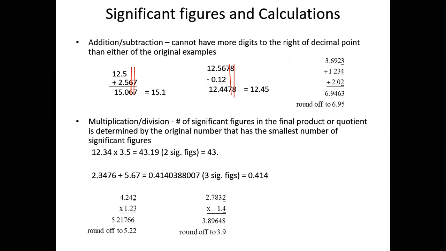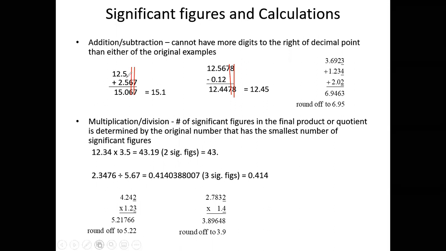And so the rule is that the answer should not have more significant decimal places than the number in the operation with the fewest. And so the reason I say significant decimal places is sometimes you can have insignificant decimal places, and we'll talk about that in just a moment.